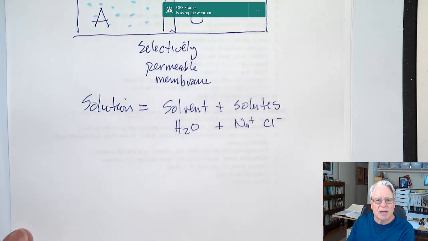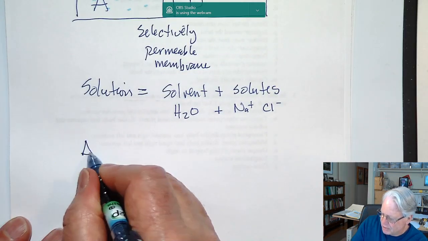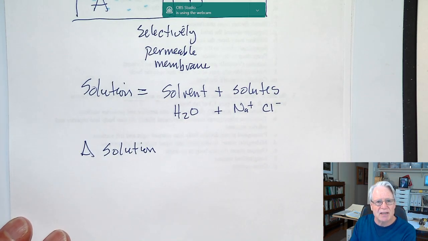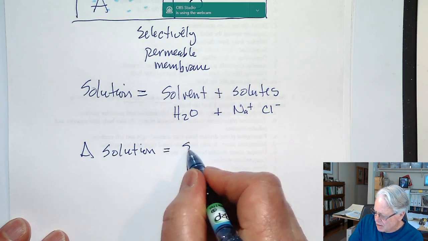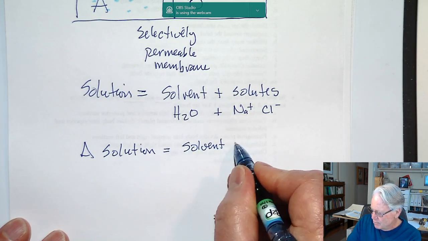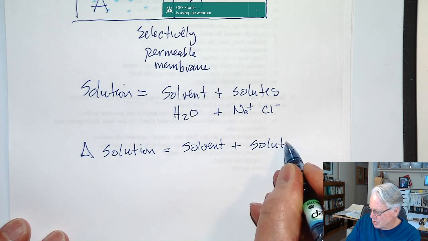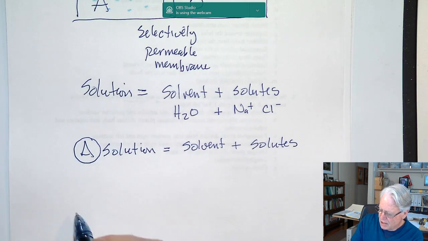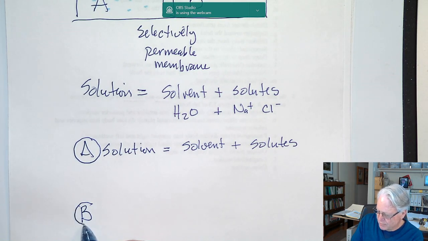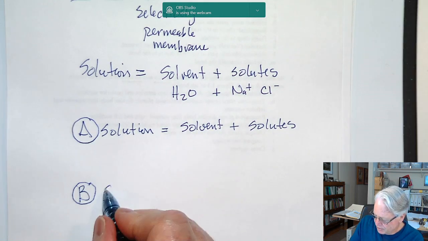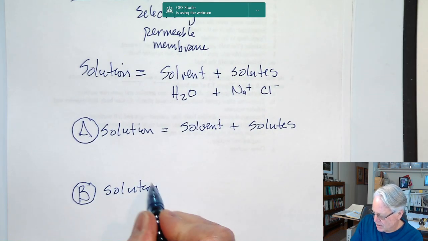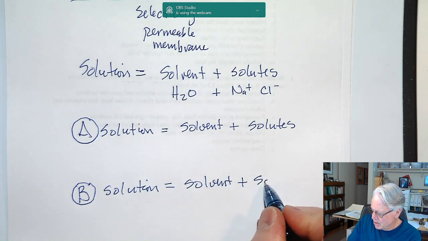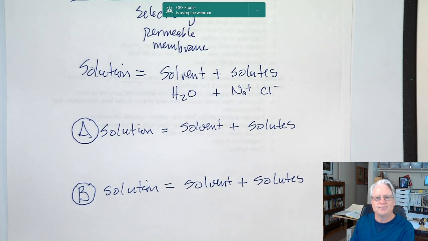And now I'm going to plug in this equation for both of those solutions, A and B. So solution equals solvent plus solutes. Okay, that's for A. And for B, I can write out the same equation. The solution equals the solvent plus the solutes. Okay.